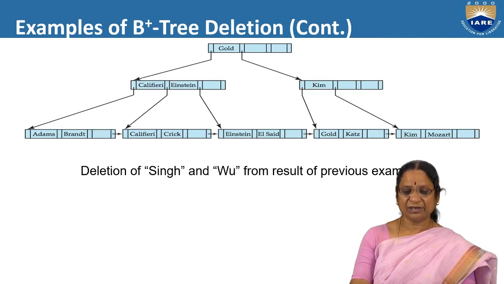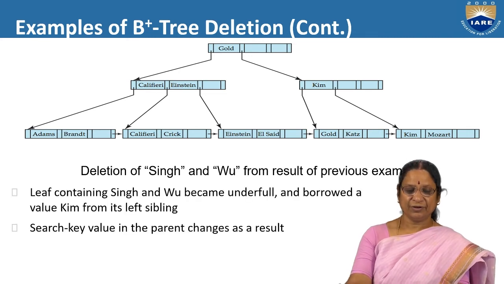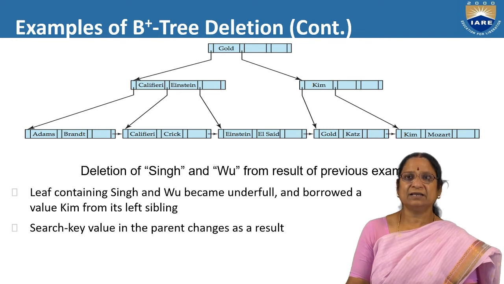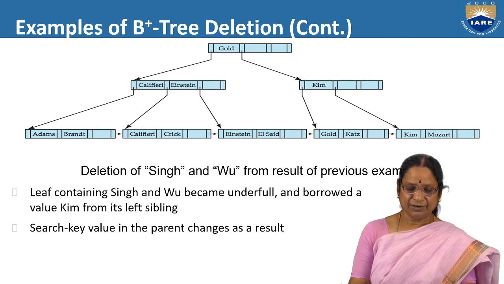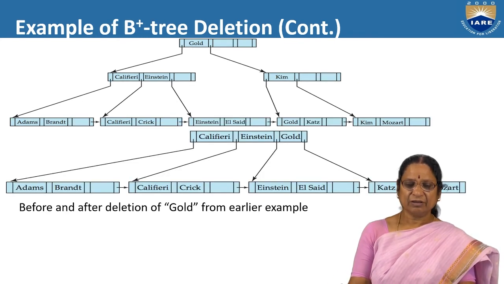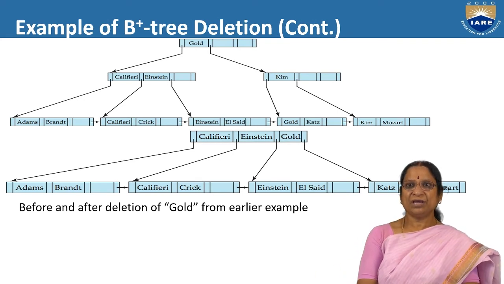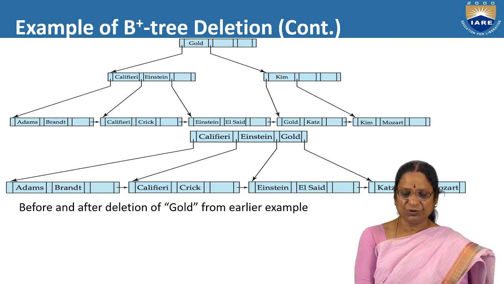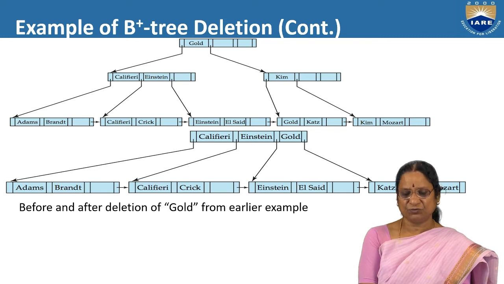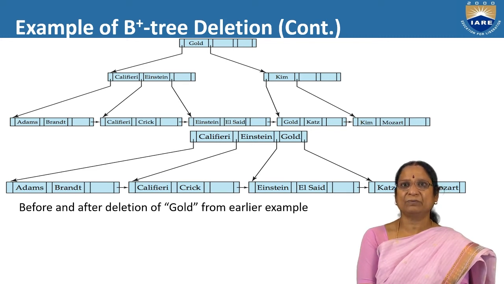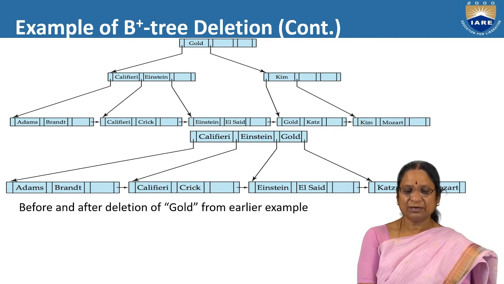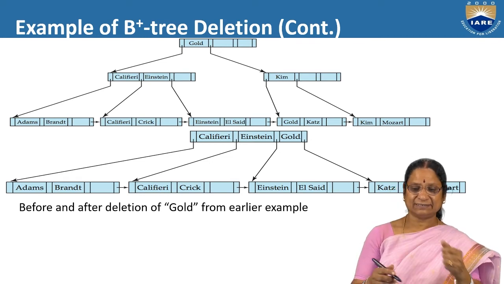So on deletion of Singh and Wu from the result of the previous example, further merging is required. Search key values in the parent change as the leaf nodes are merged. Now consider before and after deletion of Gold from the earlier example. Where is Gold? In the root itself.